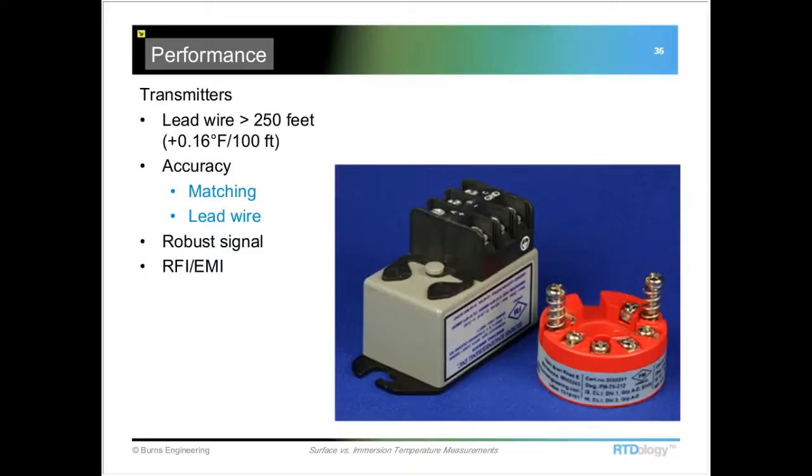The other ways we can improve the accuracy of our measurement might be to add a transmitter into the measurement loop. And I've discussed this before, where we can actually calibrate the sensor. We actually end up characterizing its resistance at various temperatures.